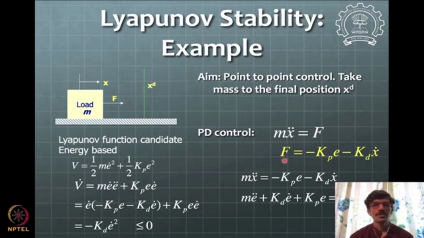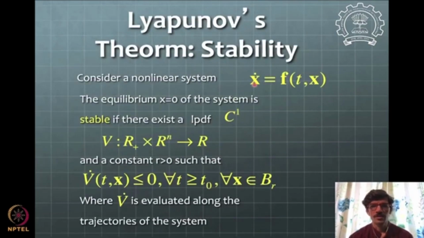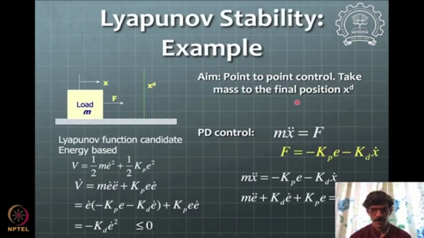The equation governing the system dynamics is m x double dot equals F. Very simple. This is a two-state system. If you want to see it in the form x dot equals f of t comma x, you can convert the system by defining x1 and x2, where x1 equals x and x2 equals x dot.